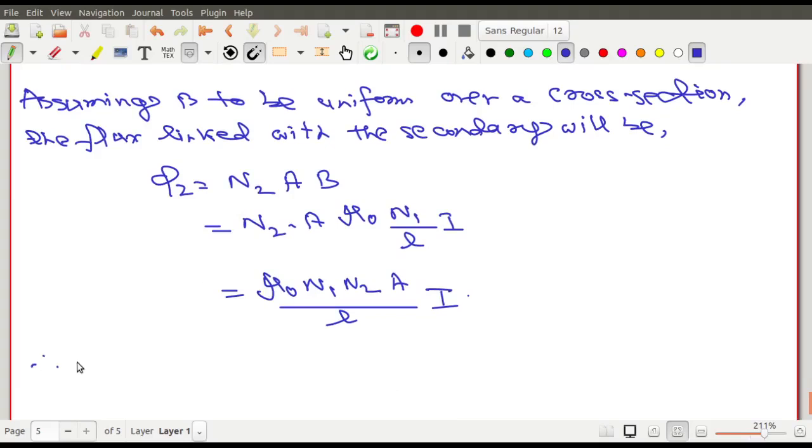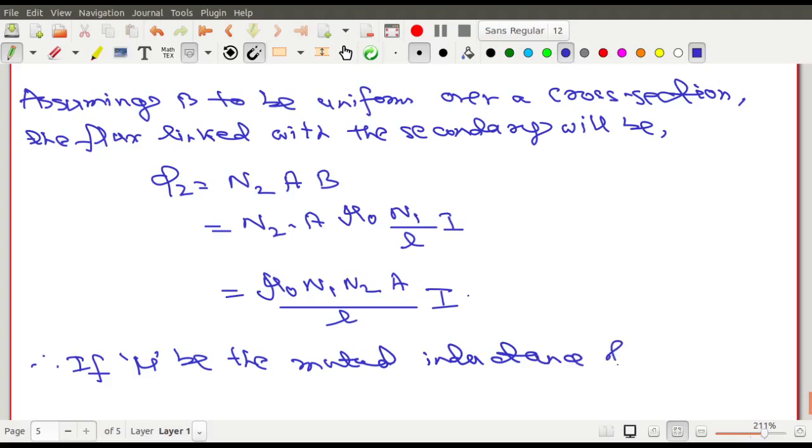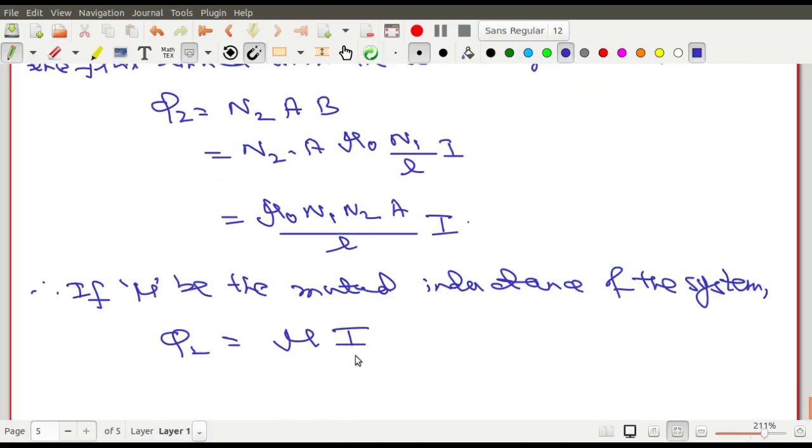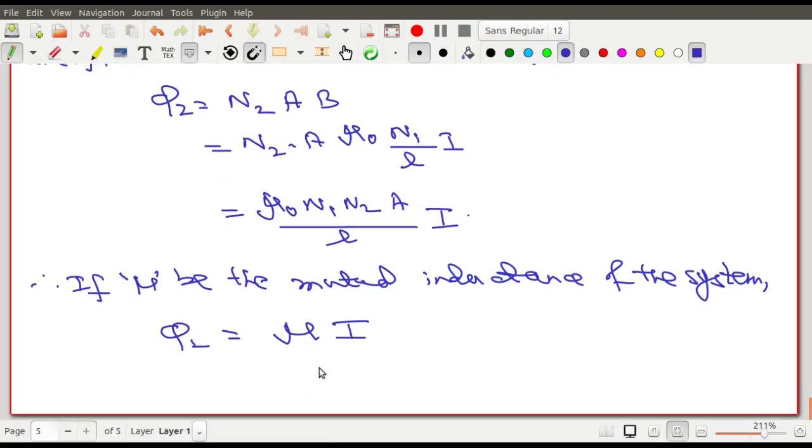Now if capital M be the mutual inductance of the system, then you may write phi 2 is equal to capital M into I. So the flux is capital M into I if capital M is the mutual inductance.